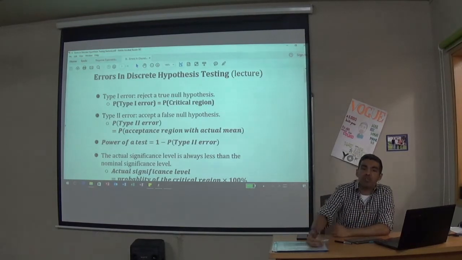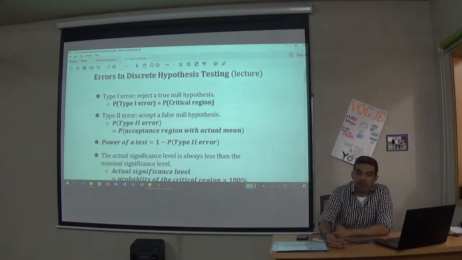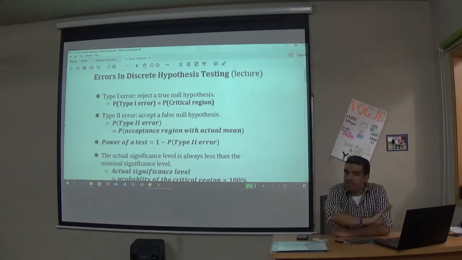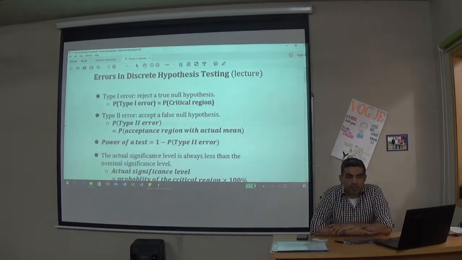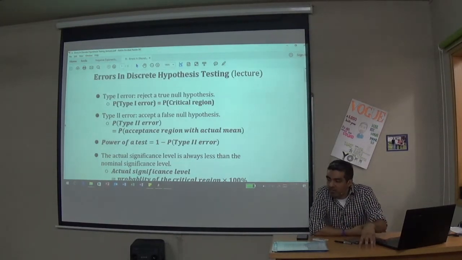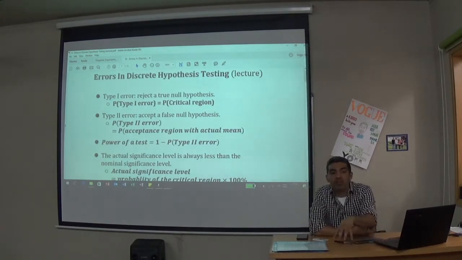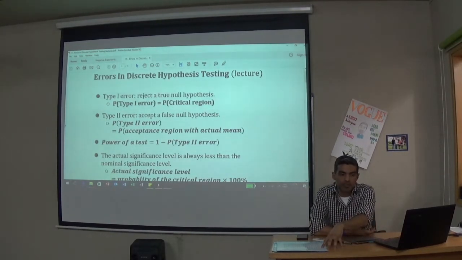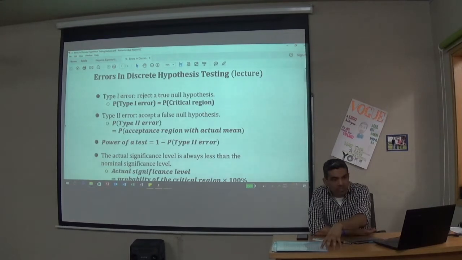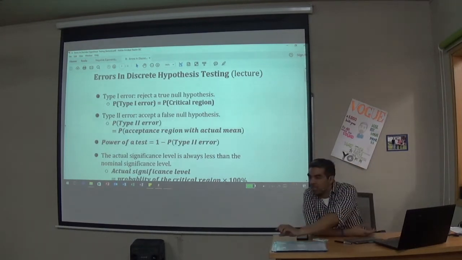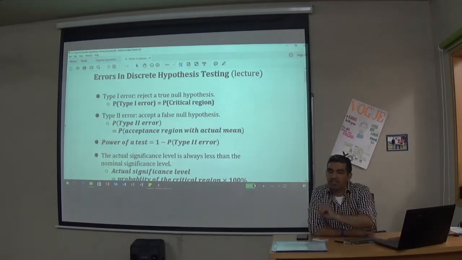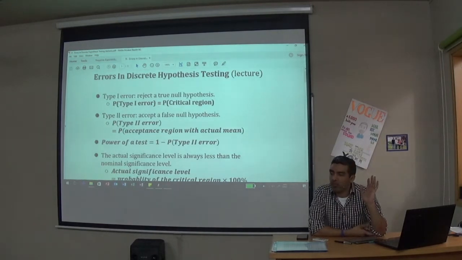So by definition, we can't say that the probability of type 1 error is equal to the significance level, and nowhere have we said that. The probability of type 1 error by definition is equal to the probability of the rejection region. If the rejection region is equal to the significance level, then it's fine, and I can take the significance level and write it as the value for the probability of type 1 error.